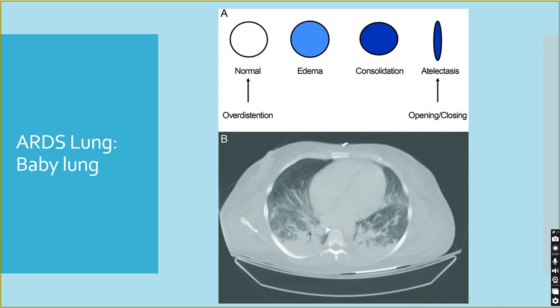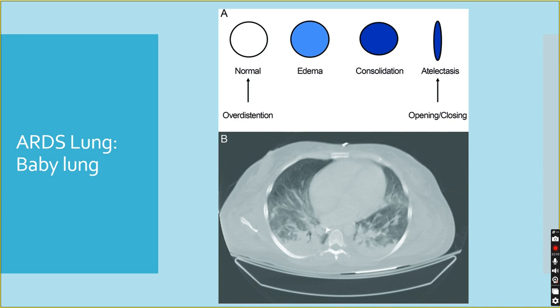So when we ventilate the lung with any strategy of ventilation, some part of the lung is normal, some is edematous, some is consolidated, and some is collapsed or atelectatic. And we apply the same pressure or volume to all parts of this lung. So the effect of our ventilation is different at different parts: the normal lung may get overdistended or injured, while some consolidated or atelectatic lung may become open.